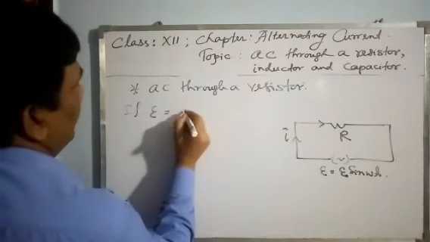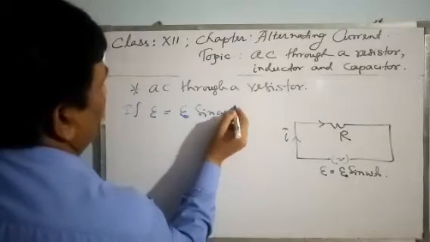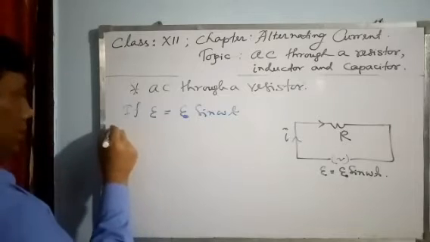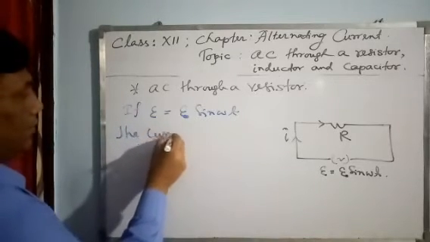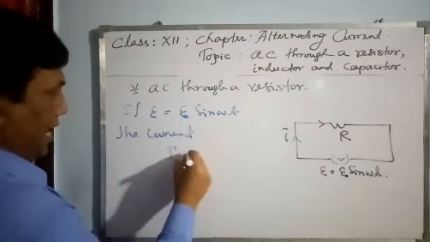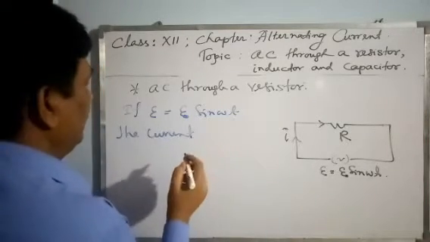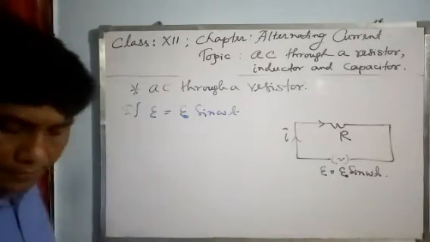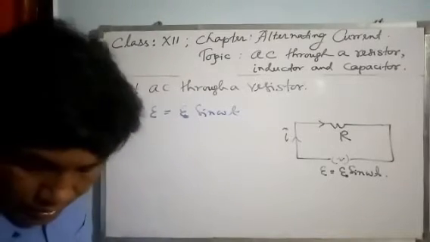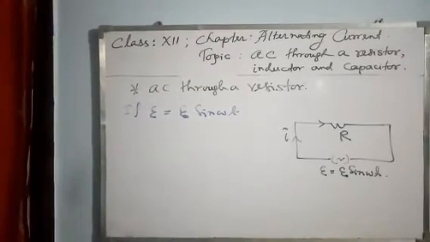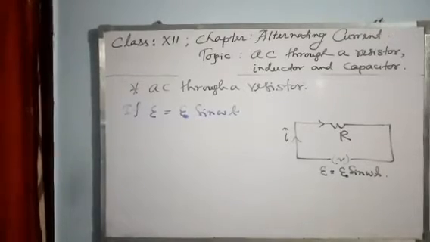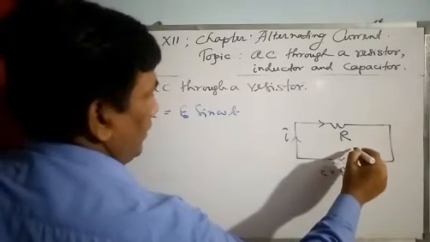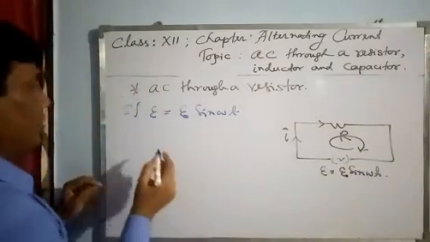If E equals E naught sin omega t, the current I is equal to... You can do one thing using Kirchhoff's law. It will be a little bit more interesting if you keep on applying Kirchhoff's law. Then in this loop, the sum of all the voltages is equal to 0.